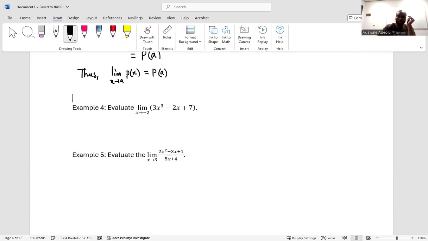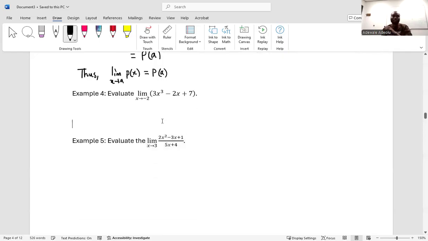Okay, let us now solve the problem. In this case, we have a polynomial function. Instead of doing the limit as x goes to -2 of 3x cubed, minus the limit of 2x as x goes to -2, plus, and do the same thing for 7, since I know that this function is a polynomial function, I can just substitute the value of a.